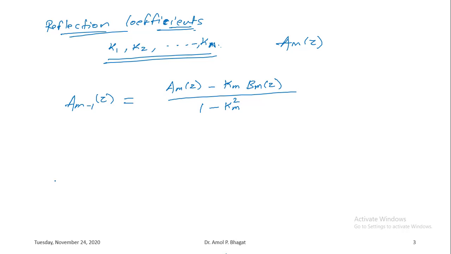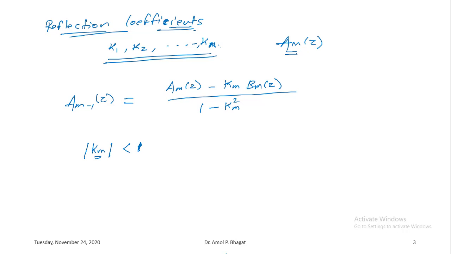So the Schur-Cohn stability test states that the polynomial A of z has all its roots inside the unit circle if and only if the coefficient km, which is identified from the denominator polynomial Am of z, satisfies the condition that mod km should be less than 1.